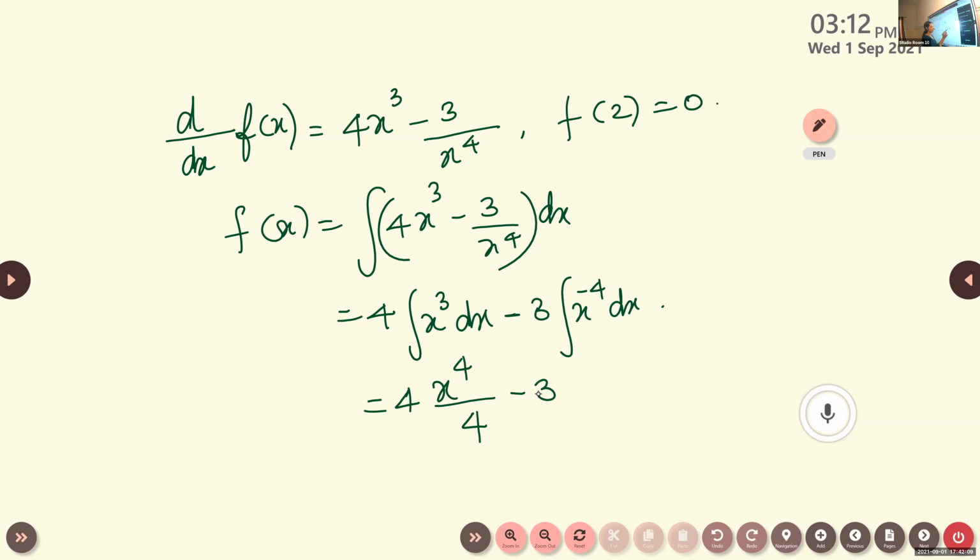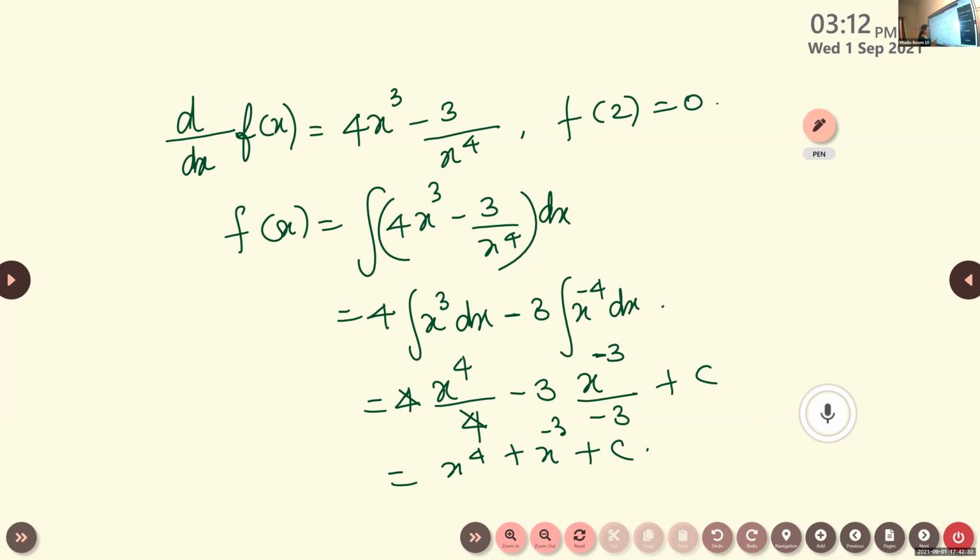Minus 3 into, what is the integral of x raised to minus 4? It is x raised to minus 4 plus 1, that is minus 3, by minus 3, plus c. Here the 4 will get cancelled and we get x raised to 4 minus 3 into x raised to minus 3 by minus 3 plus c.